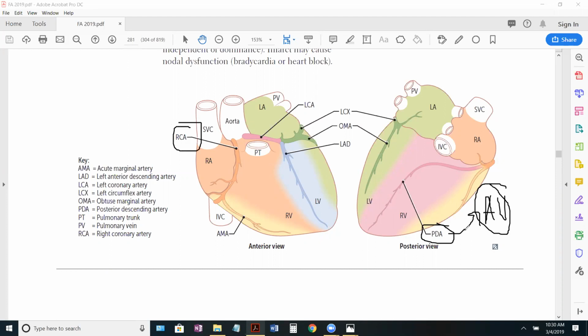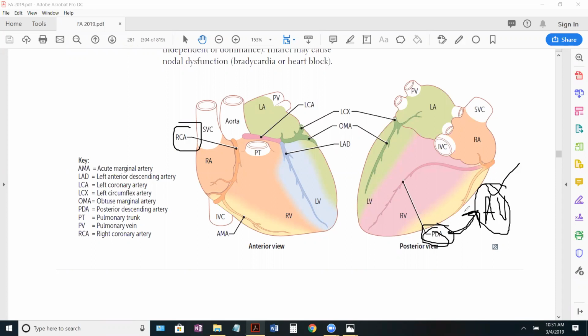But if the left coronary artery is supplying the PDA, then the blood supply of the AV node is coming from the left coronary artery. As we know, the PDA supplies the AV node, and if the PDA is getting blood supply from the left coronary artery, then the AV node's supply comes from the left coronary artery.